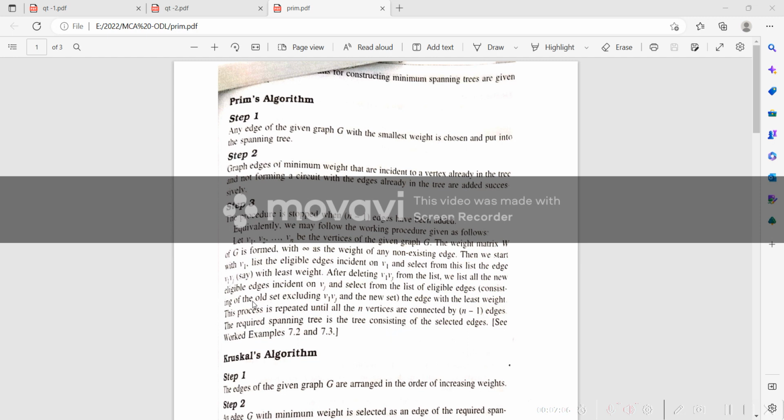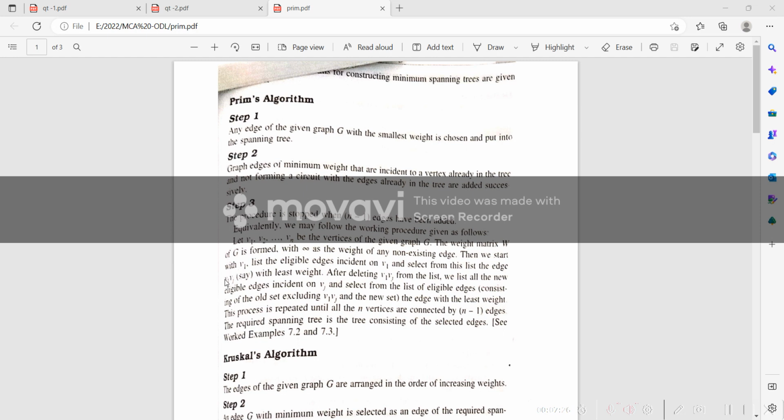So now we have two vertices in that selection. One is v1 and another one is vj. So we should mention all the edges which are incident with v1 and vj. So initially all the edges incident with v1 are entered.